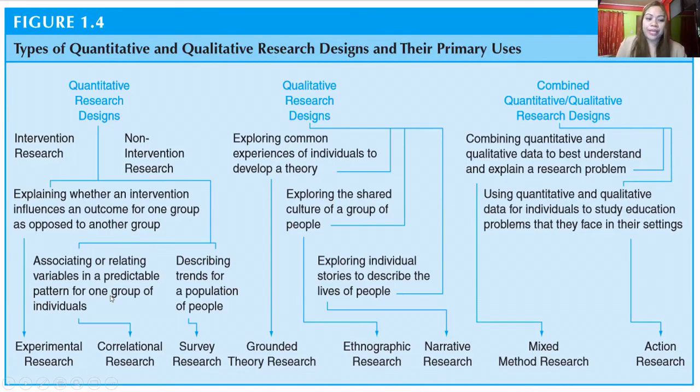When we associate or relate variables in a predictable pattern for one group or individual, then we use correlational research. However, when our intent is to describe trends for a population or for a group of people, we use survey research.